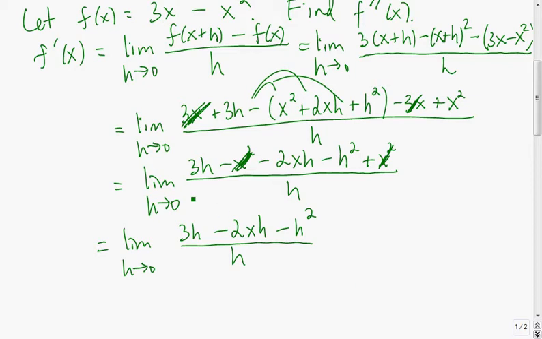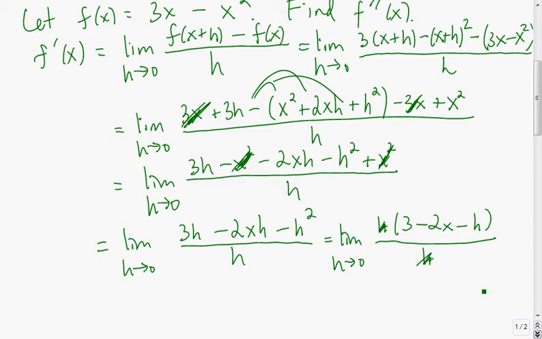Let me take an h out of this numerator. So we get the limit as h goes to 0 of h times 3 minus 2x minus h, all divided by h. Good, the h's went away.